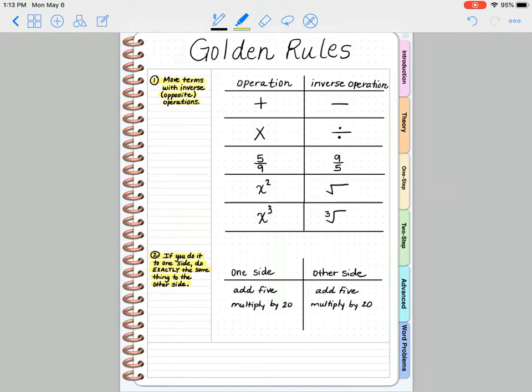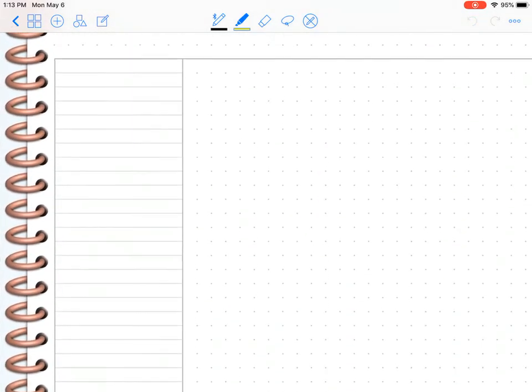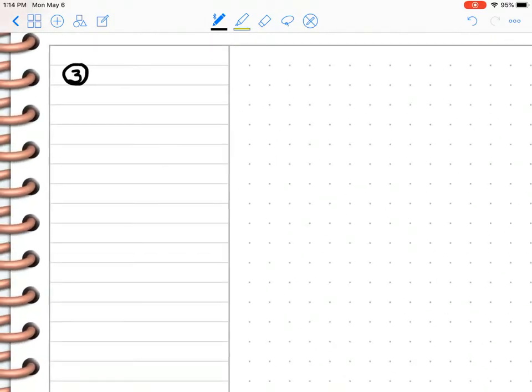Okay, the third thing, and I'm just going to put that on the next page. The third golden rule. A lot of students ask me when they're solving equations, how do I know when to stop? How do I know when I'm done? And this is how you know.